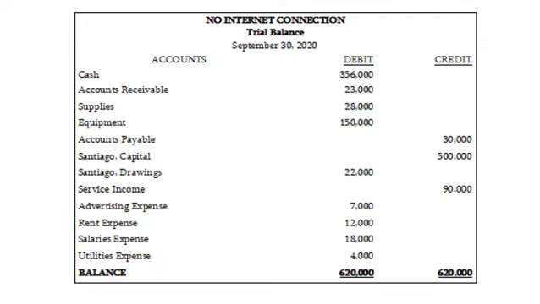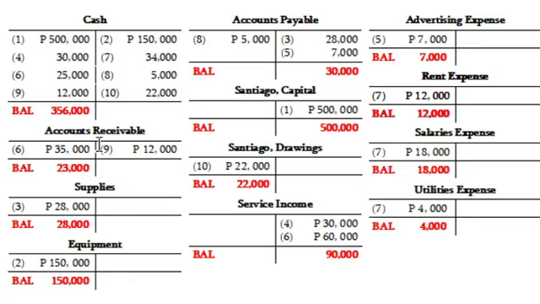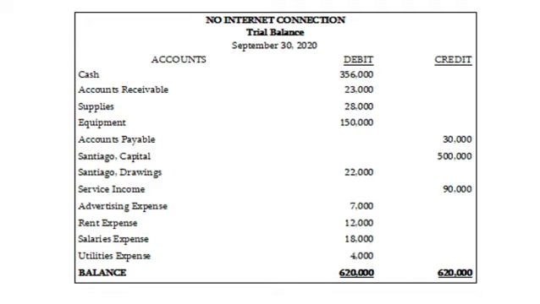Gamit yung ating mga T accounts kanina, kapagka gumagawa tayo ng trial balance, nandito yun lahat ng ating account titles. So, unang-una dapat tandaan kapag gumagawa ng trial balance, huwag kalimutan yung ating heading. Ano ibig sabihin ng heading?